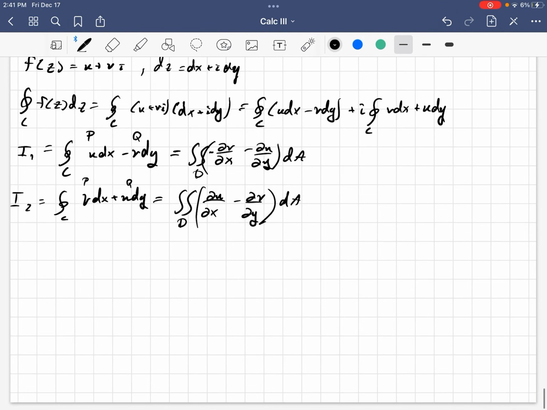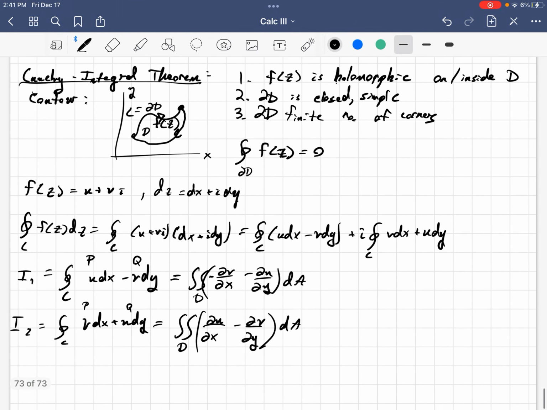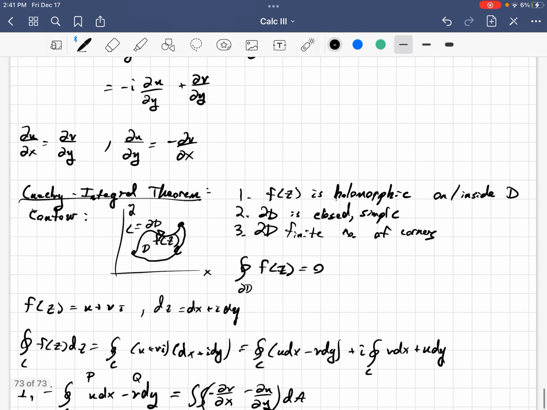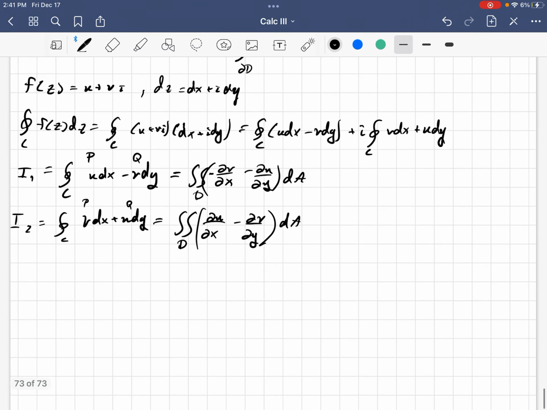Now, remember from my very last video on the Cauchy-Riemann equations, the partial of u with respect to x equals the partial of v with respect to y if f is holomorphic on and inside the boundary curve. And the partial of u with respect to y equals the negative of the partial of v with respect to x.